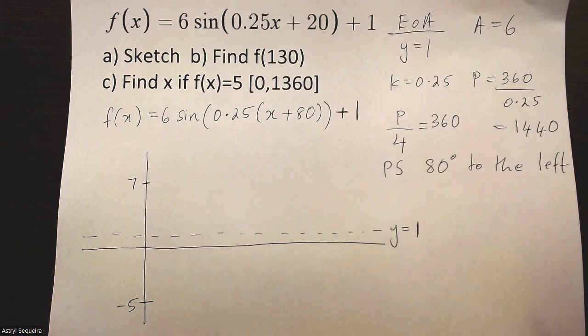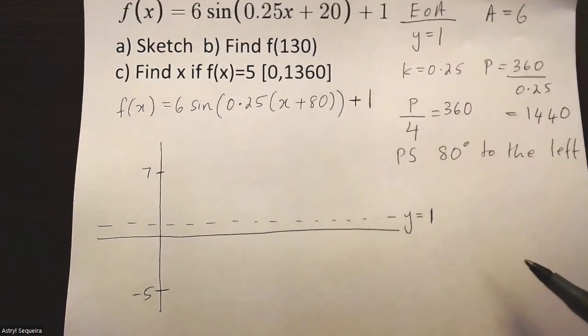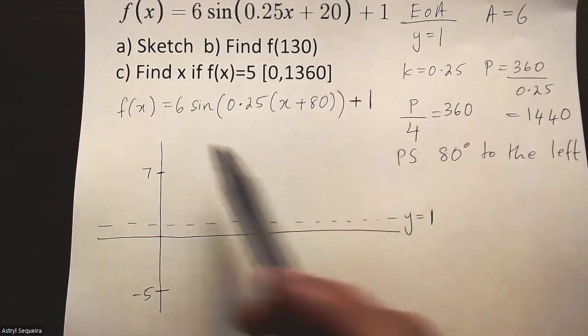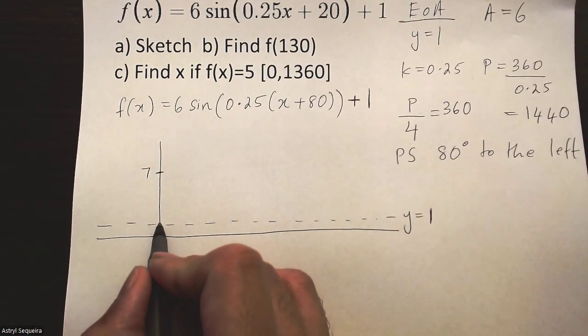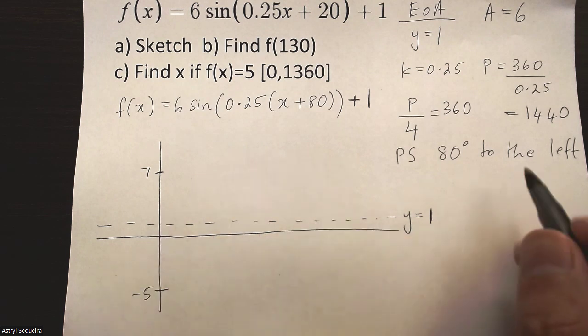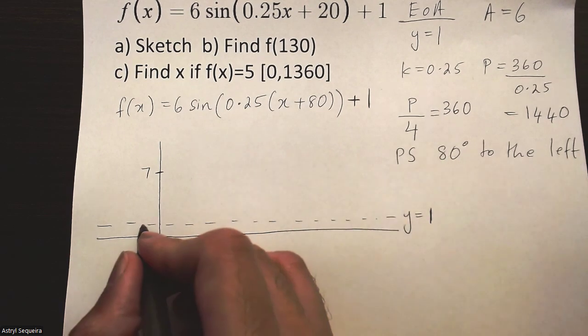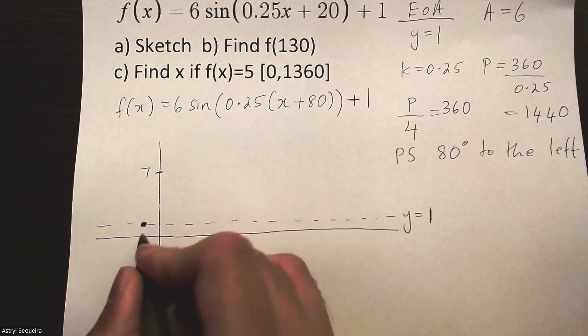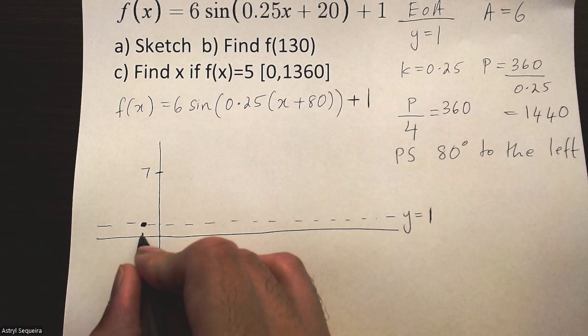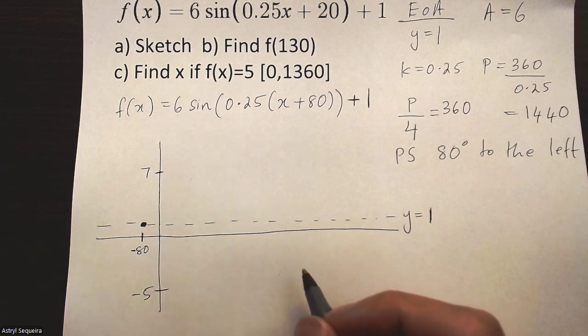Now that I have all of my axis and everything drawn out, I can start drawing my graph. So a positive sine function normally starts on the axis, but we are phase shifted 80 degrees to the left. So my starting point is right over here, which is 0 and -80.